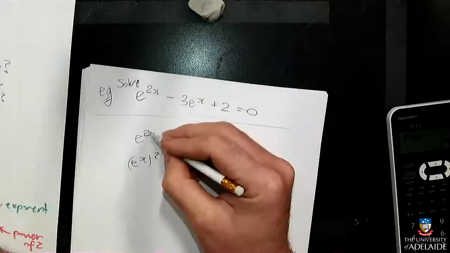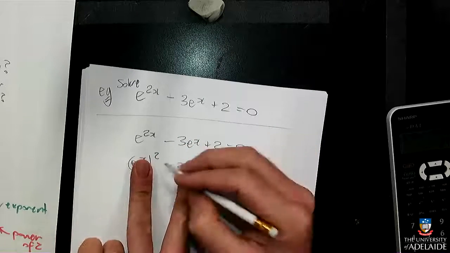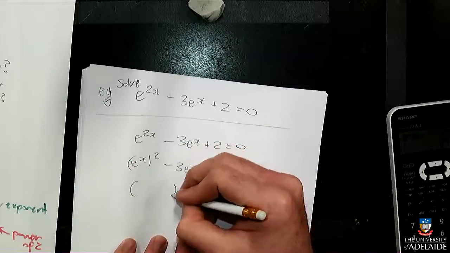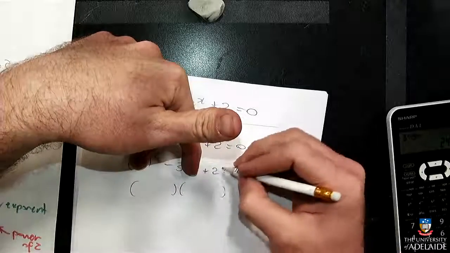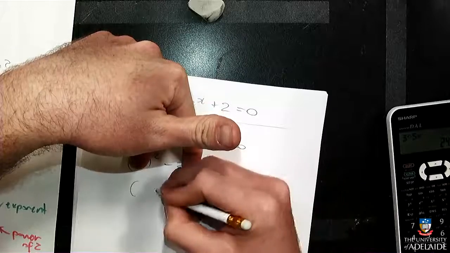Because when you multiply up here, you can do powers of powers. And now it is a quadratic equation. If this was x, I would attempt to factorize it like this. I'd have to think of two things that multiply to give 2 and add to give minus 3. So minus 2 and minus 1.